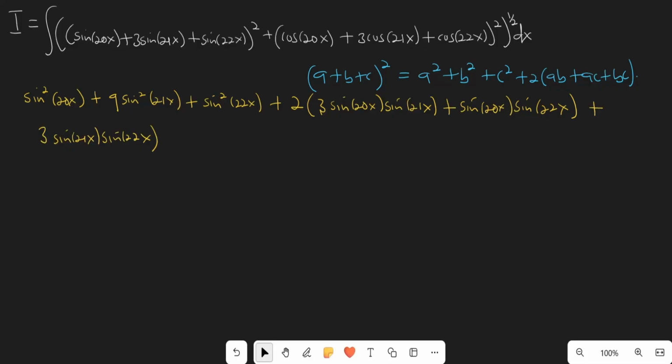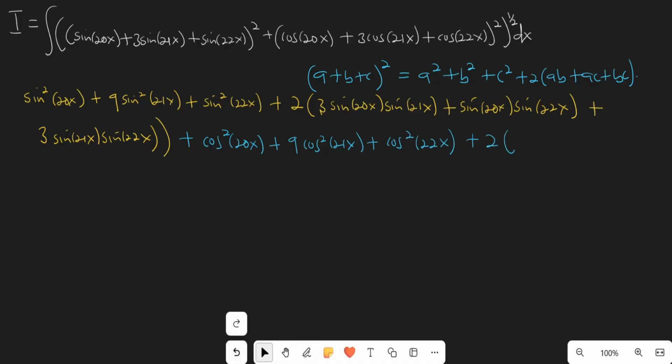So we are done with the sine terms. We have to move on to the cosine terms. I'm going to do that in a different color. The cosine terms, the first one is going to be the cosine squared of 20x plus 9 times the cosine squared of 21x plus the cosine squared of 22x. So I'm done with the square terms. I'm now going to the cross terms, plus 2 times the cross terms, this guy times this guy.